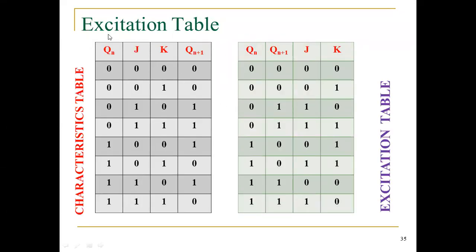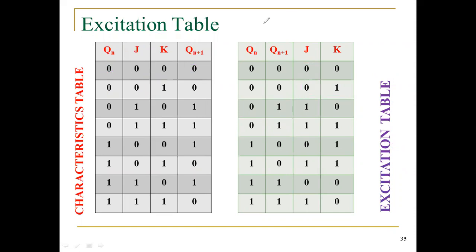So this is the excitation table for the JK flip flop. This is not a new one, I already explained it to you. Q and Qn plus 1, this one and this one. So my Qn equal to 0 means JK equal to 0x, and 1x, 0 1, like that.